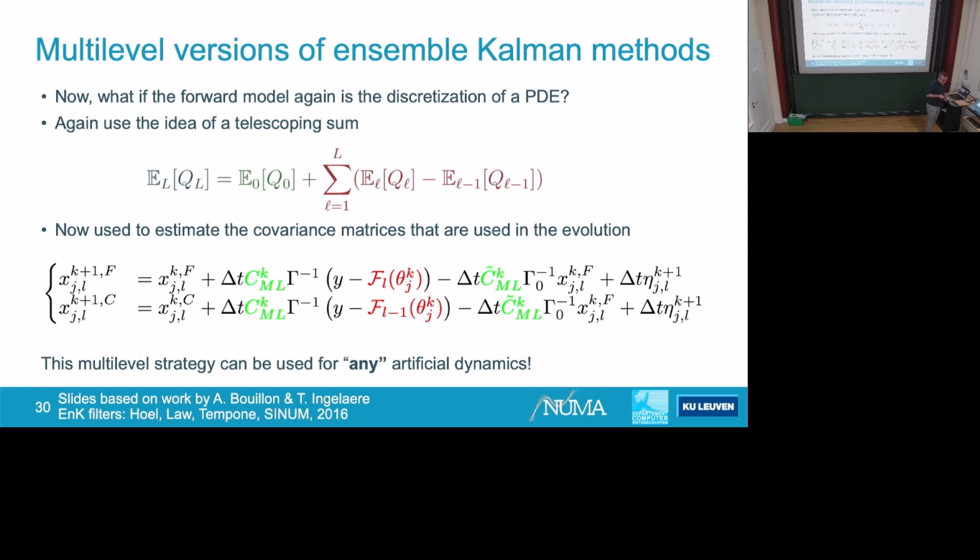We are going to consider sets of particles that live at different levels of resolution. What changes with the level of resolution? The only thing that changes is the evaluation of the forward model, which is now done at different resolution levels. That's the only thing that differs between different levels of resolution.